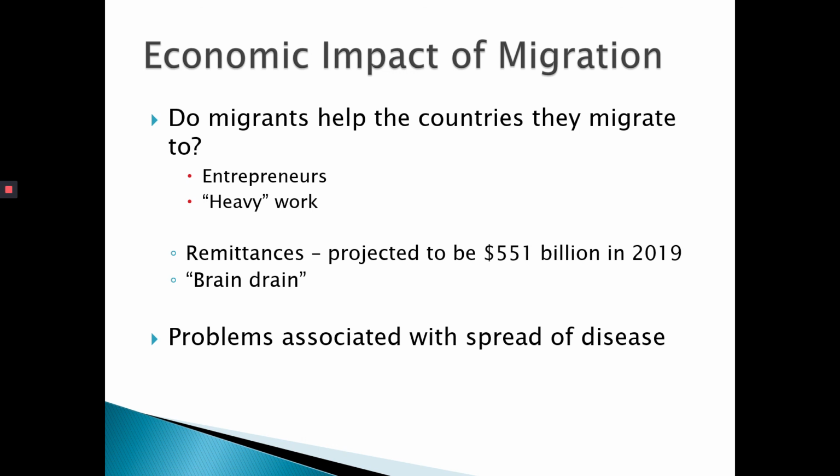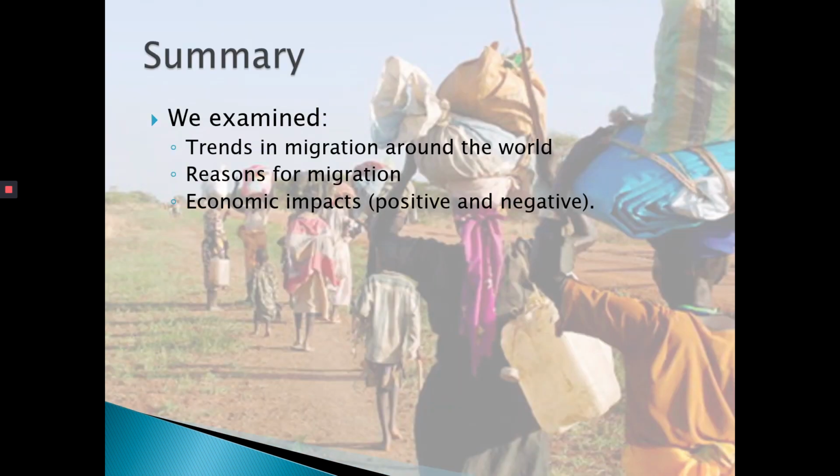So what we have examined today, we've looked at the trends in migration around the world. We've looked at the numbers and who these migrants are. We've looked at some of the reasons why people will migrate from one area to the other, as well as some of the economic impacts of those migration patterns.